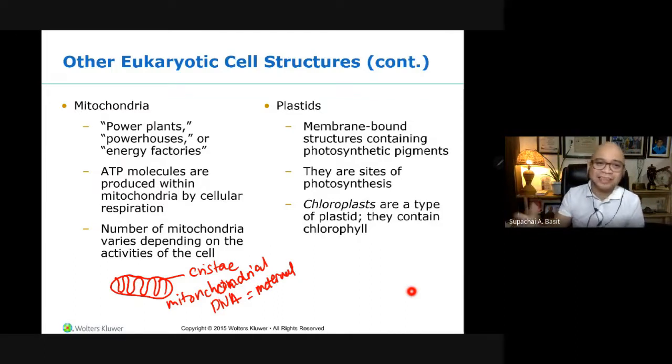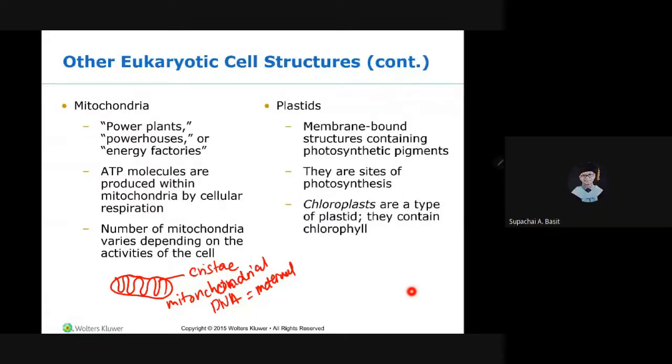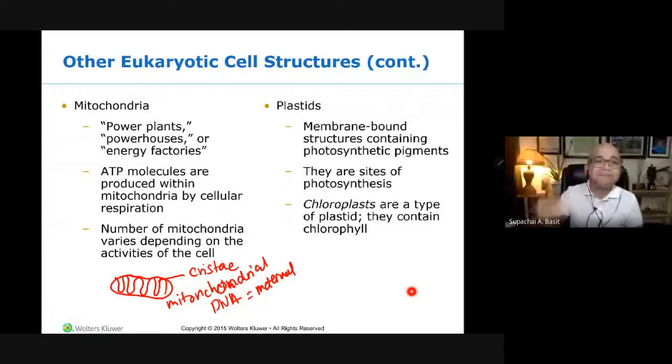So you actually get it from your mom. And that's why there's some sort of connection between a child and the mother, because you get your own mitochondrial DNA from her. So the number of mitochondria depends on the activities of the cells. Some cells, such as our muscle cells, require more mitochondria as compared to other kinds of cells.